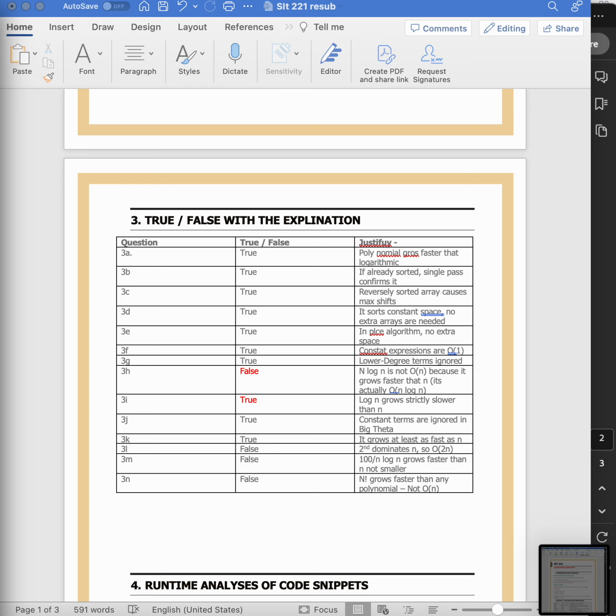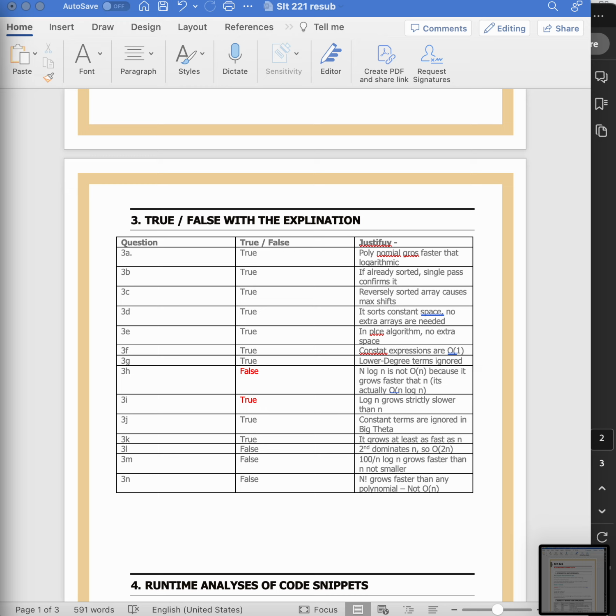Simply true. B, I think, was if it was already sorted, a single pass confirms that in bubble sort, and it was true, because bubble sort has an early exit flag, and if nothing is swapped in a pass, we already know it's sorted. C was true.